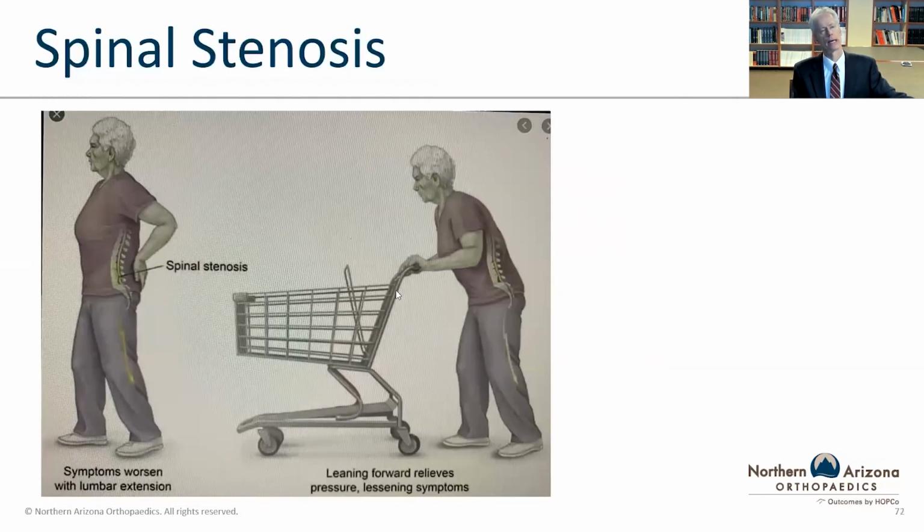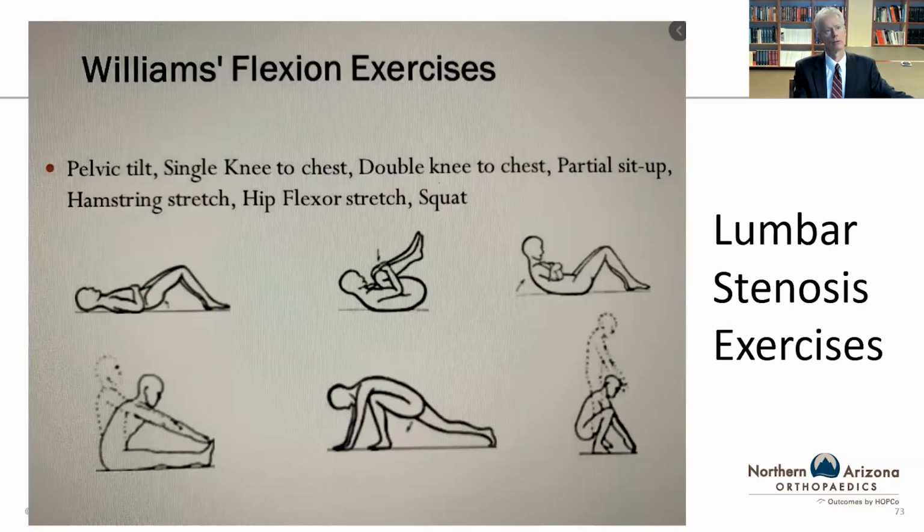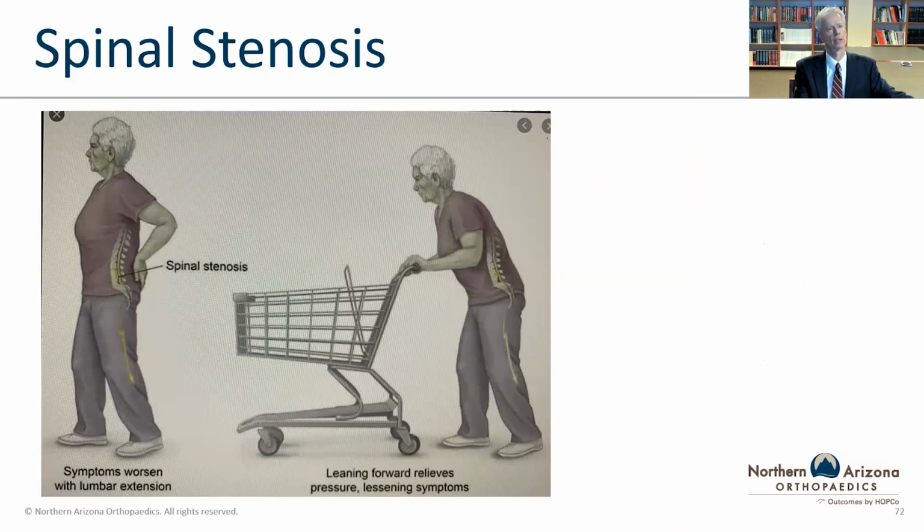Here's a classic spinal stenosis. As people get older, we showed the picture of the spinal stenosis, where the nerves were being pinched in that little triangle. This is classic where spinal stenosis bothers people when they're in extension and walking, where they have the so-called shopping cart sign. They lean forward on the cart so you have some support, but you're bending your back, going into some flexion, so that you can get a little more mileage.